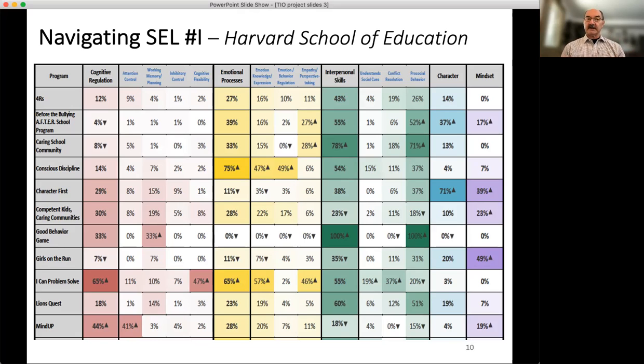And so the point here is that the progression should be identifying skills that are important to you, measuring those skills as kids express them, and as we see them expressed, which is why there's a variety of different survey tools, and then picking the tool, the curriculum, the program, the strategy that best meets the need will be the way to make trauma-informed practice and strategies in your schools the most successful possible.